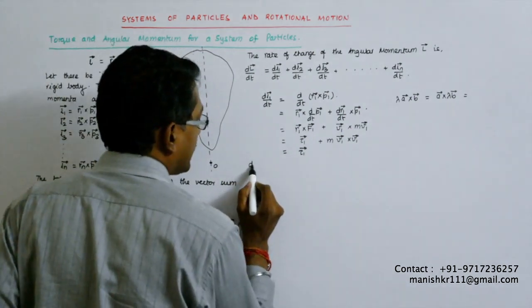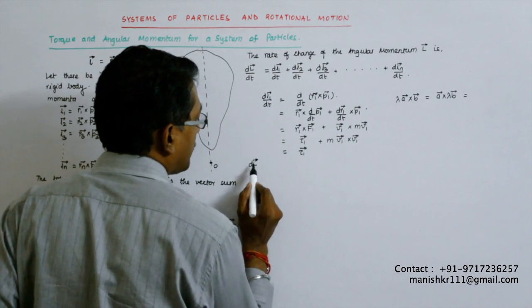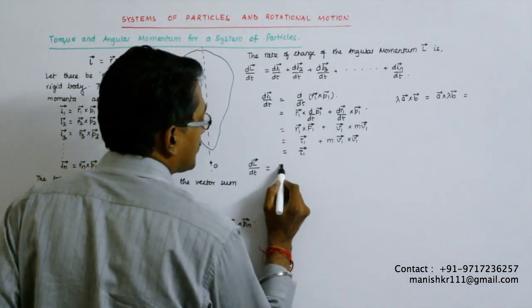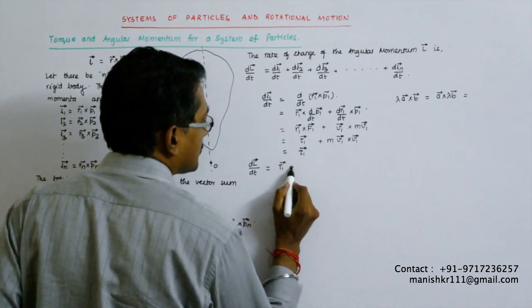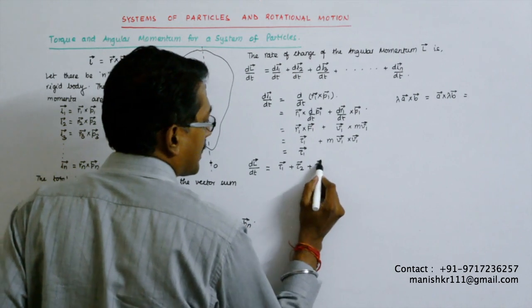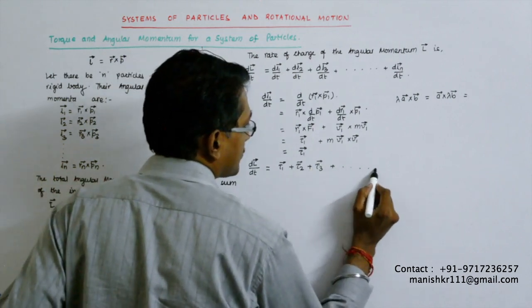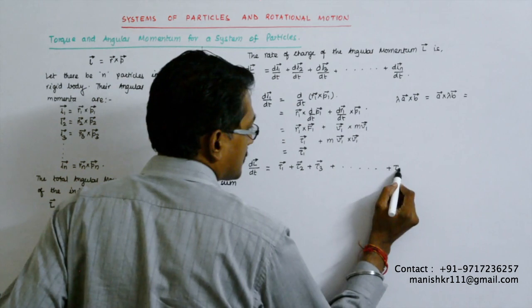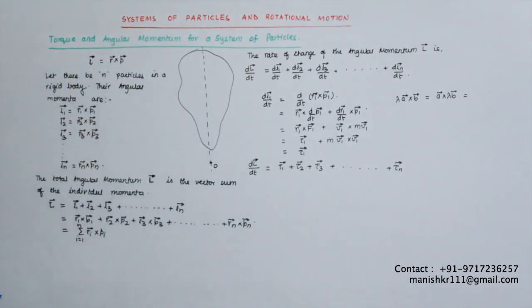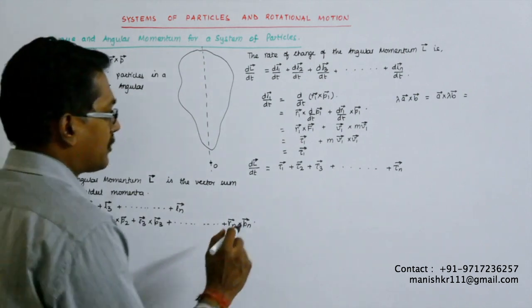So dL upon dt becomes tau 1 plus tau 2 plus tau 3 plus tau n. Correct. And what is that equal to?